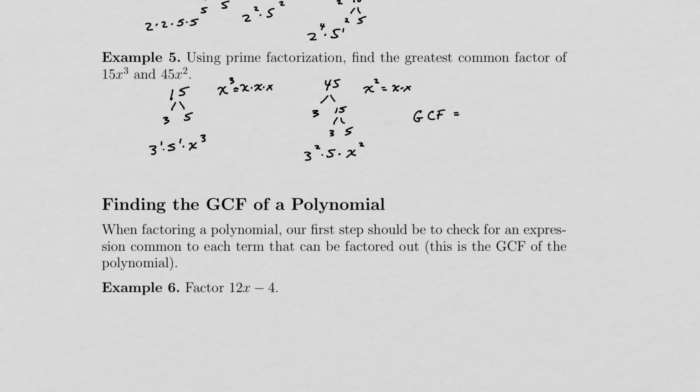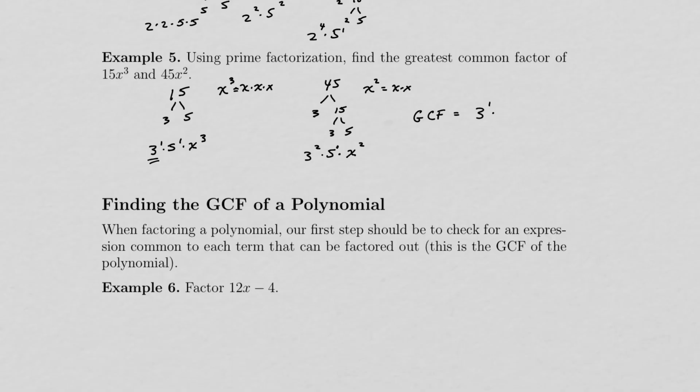I want each factor, the 3, the 5, and the x, notice it's symmetrical right now, the least number of times it occurs. So if you look at the 3's, I have 3 to the 1 and 3 squared. So I'm going to take the 3 to the 1. And if I look at the 5's, they're the same, 5 to the 1, 5 to the 1.